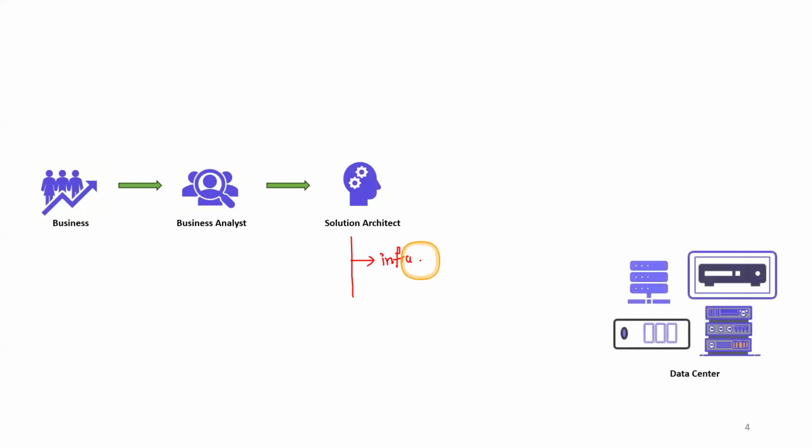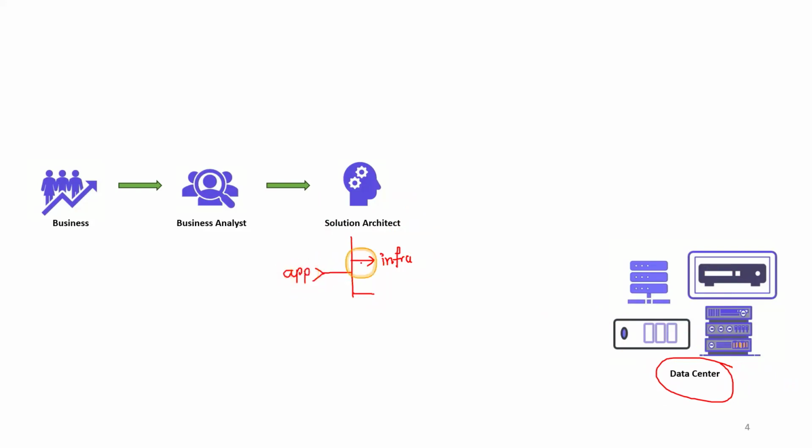Because you do not have a cloud platform, we were not working on cloud platforms 10 years before, 15 years before, we did not have any cloud platform. So that's why companies maintain their own data center. Whatever infrastructure is required for their own application purpose, they wanted to create some application.